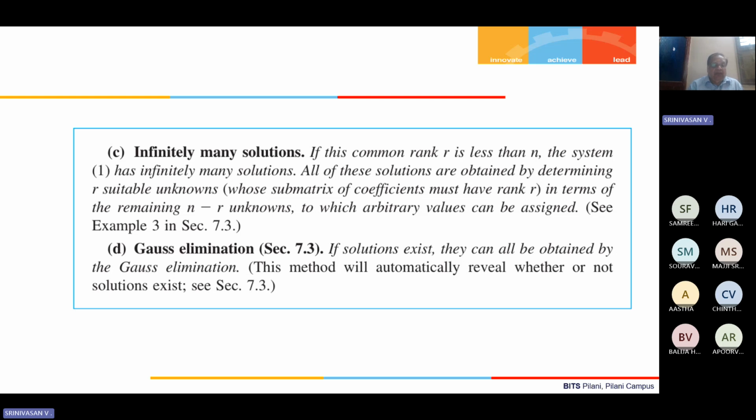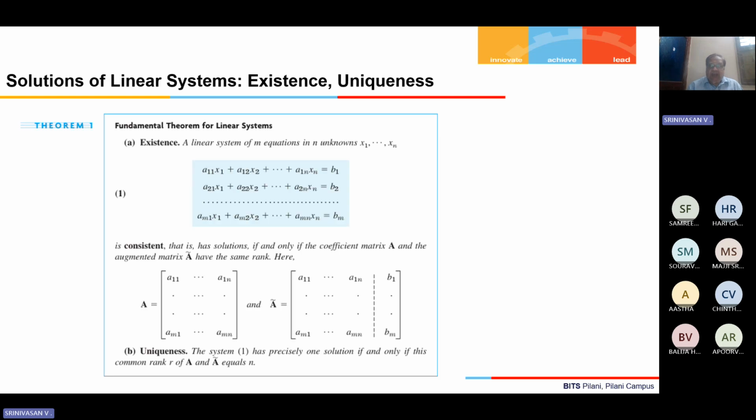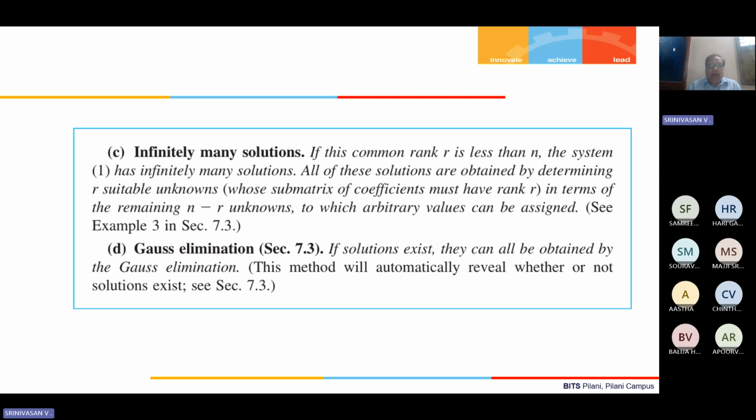So what we are trying to say here is, if the rank of the coefficient matrix equals the rank of the augmented matrix for the system AX equal to B, which represents the linear system of equations in n unknowns, and the rank is r, that is, rank of A equals rank of AB equals r, the system is consistent. That means it has solutions.